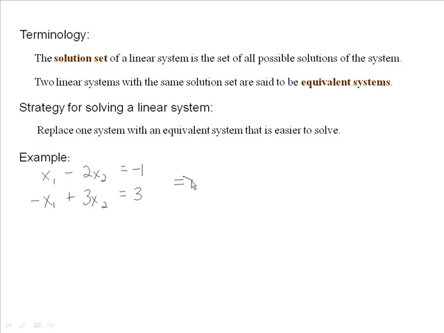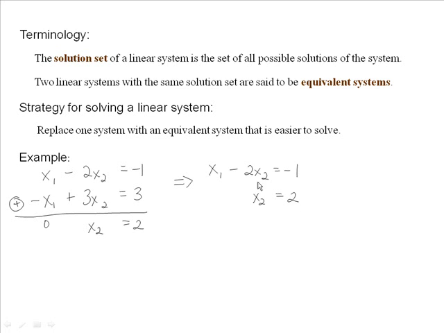We'll rewrite the first equation just as it is, and then for the elimination we just add these two together. Notice that our x1's go away, or you get 0. You get 1x2, or x2 equals 2. So we'll replace our second equation with this. Now I have x2 equals 2.